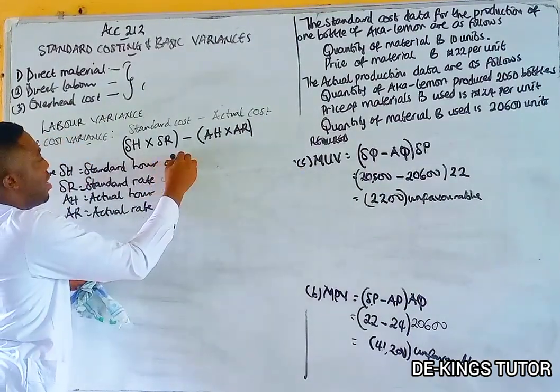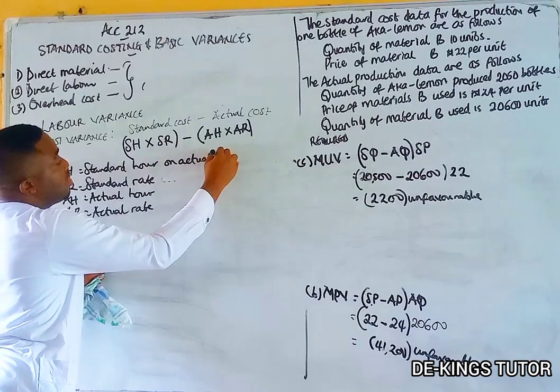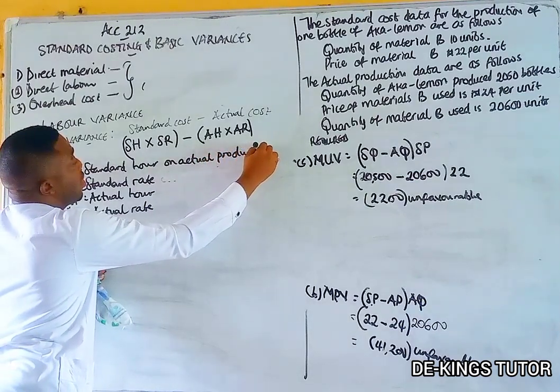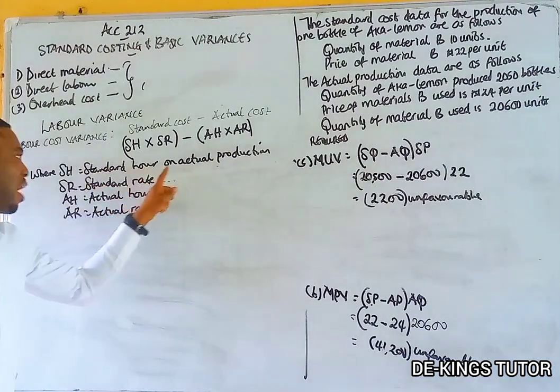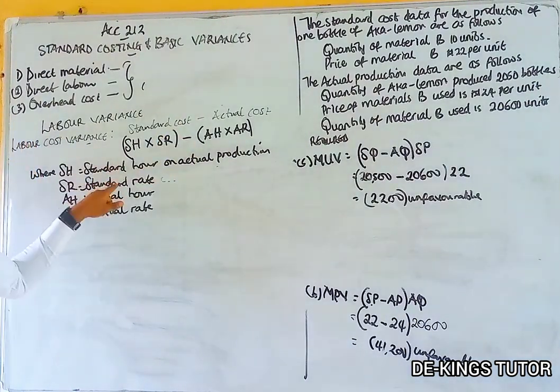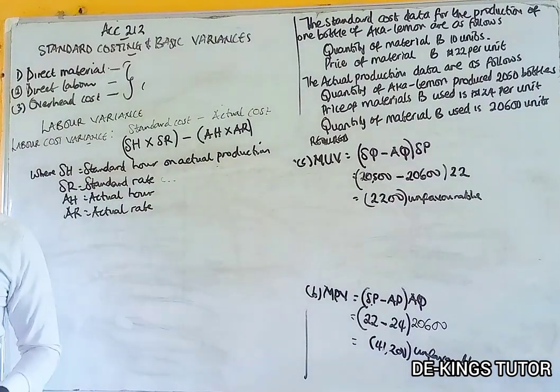Standard hour on actual production, not standard rate. They want to see the standard hour on what they have actually produced. Then the standard rate, actual hour, actual rate. And that is for the labor cost field.